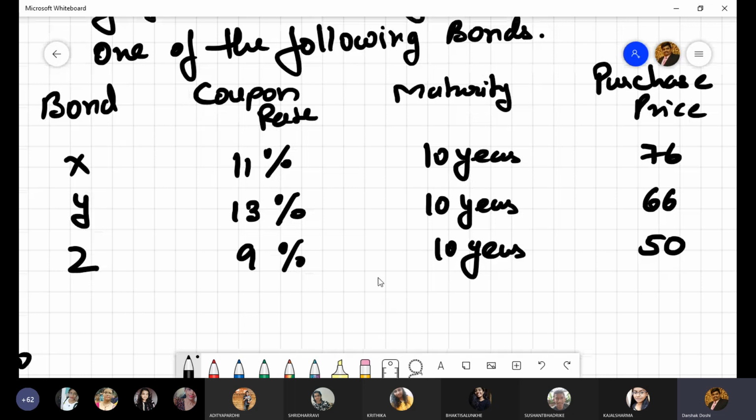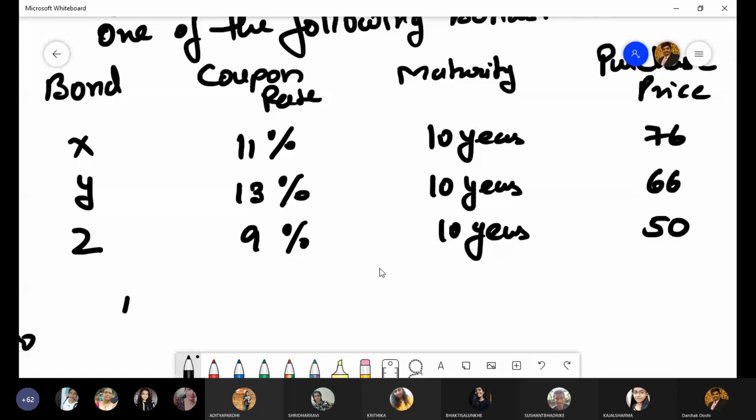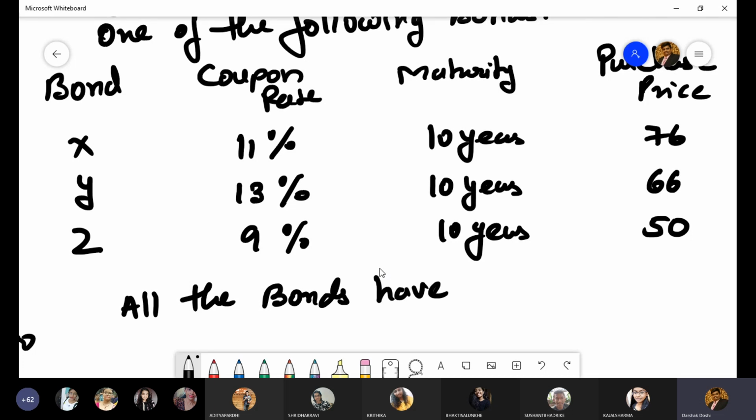Below the table, write down: all the bonds have a face value of rupees 100.